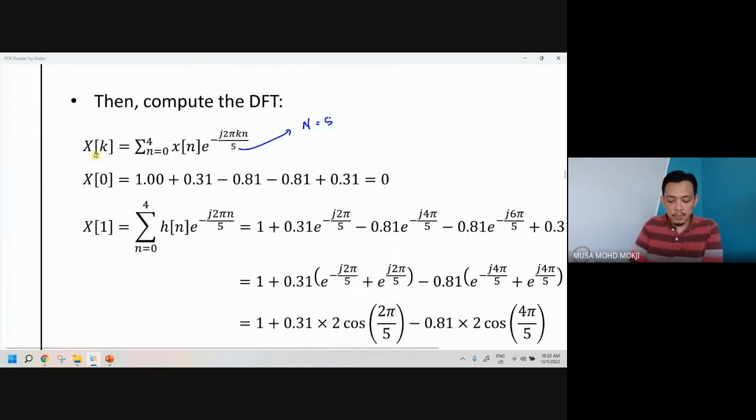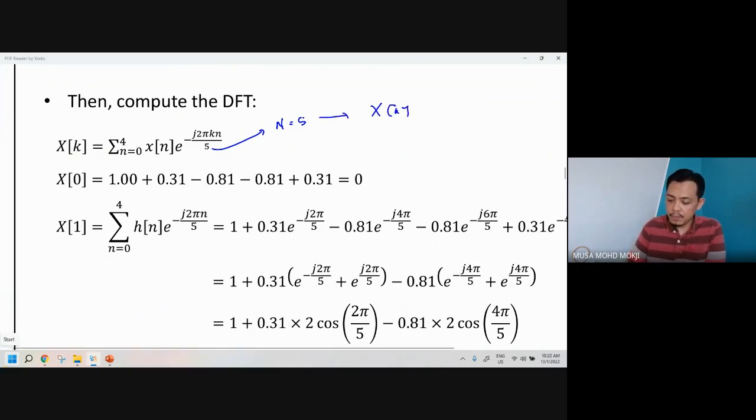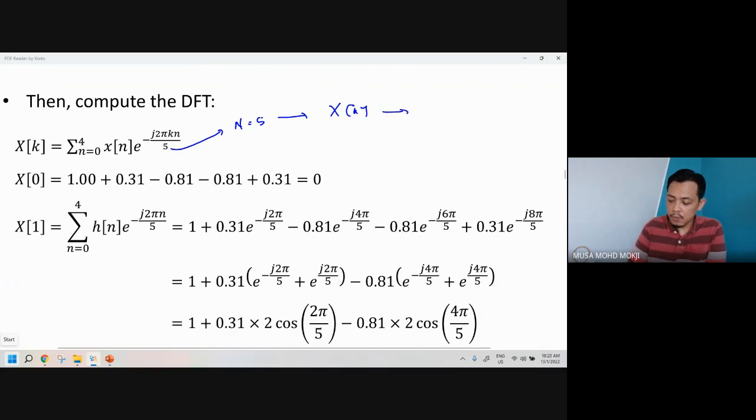Because we are having n equals to 5, we're going to find xk, where k is also from 0 up to 4. So we need to find x0, x1, x2, x3, x4, where you have five points or 5 samples.